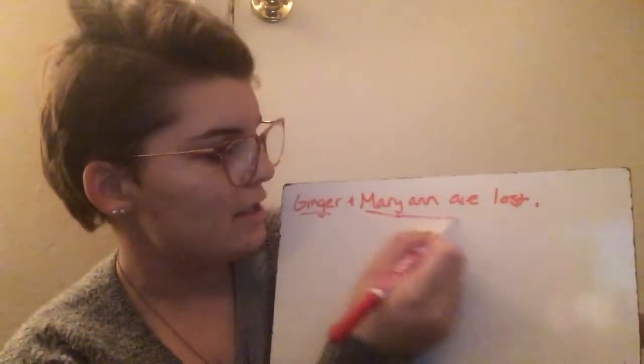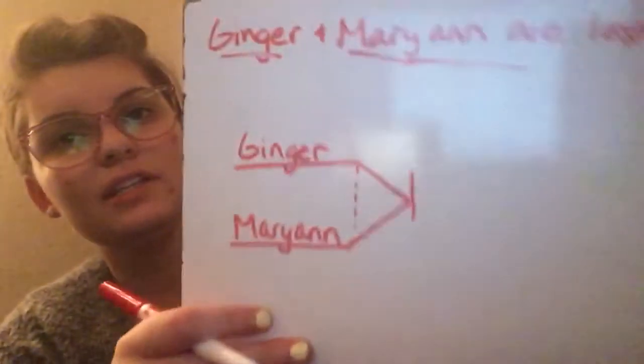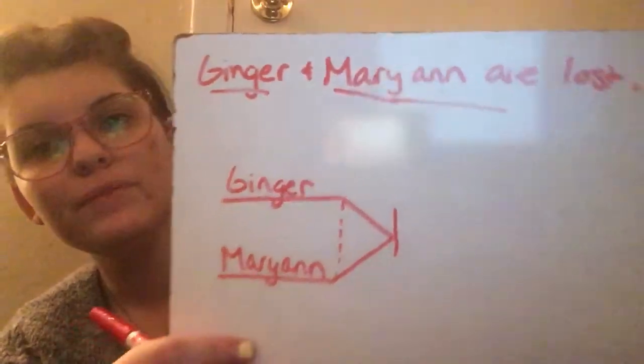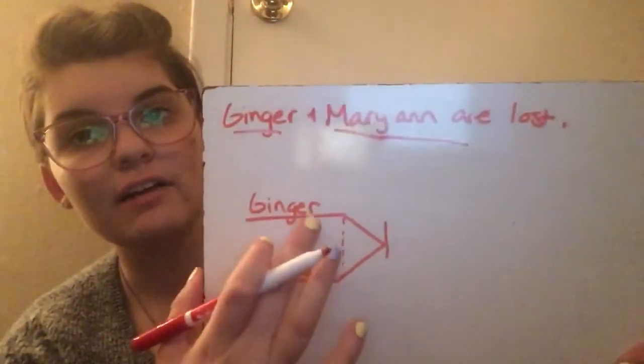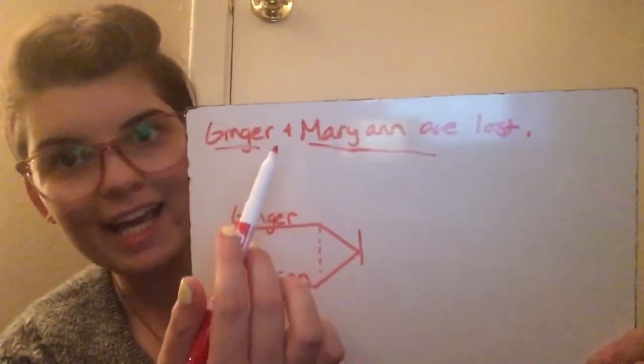Ginger, Mary Ann. So I'm going to write my words in my lines and then I'll pick it up for you to see. They're going to come together because they're both going to have the same verb. We see that they have the same verb over here. So they're going to come back together. And I have my dotted line because of and, right?